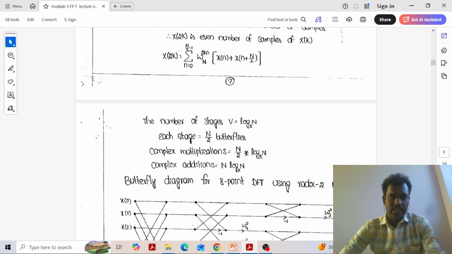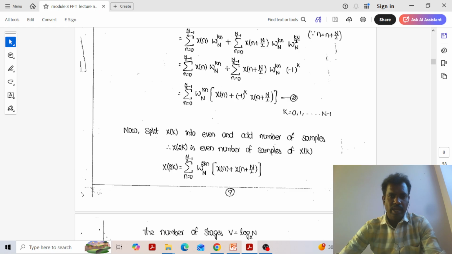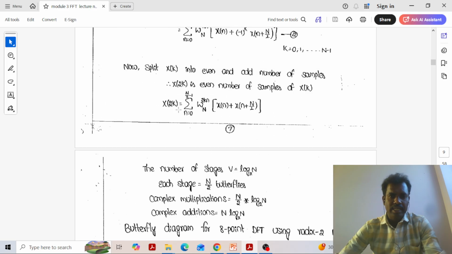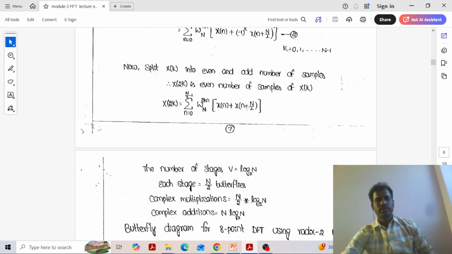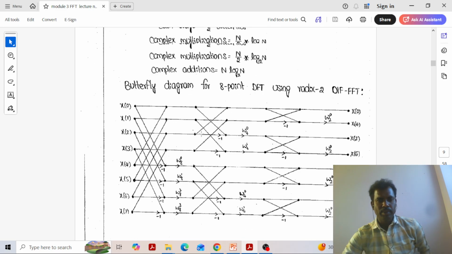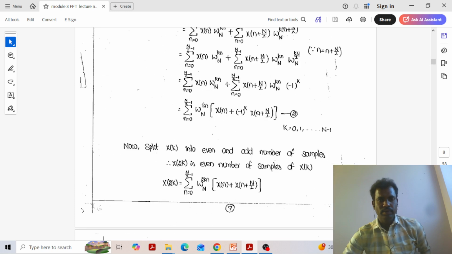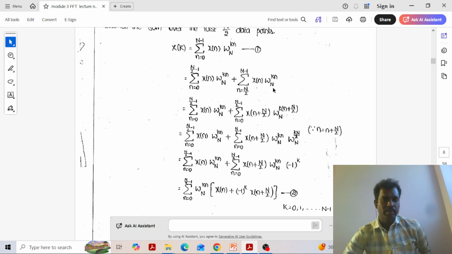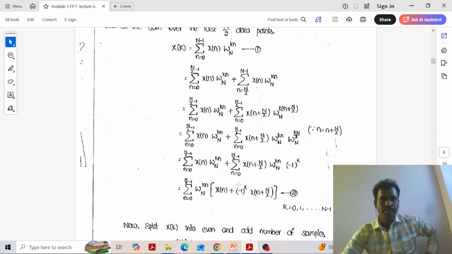So two stages we will consider, X of 2k and X of 2k plus 1. How will we calculate X of 2k? Simply by adding the first half of the inputs with the other half of the inputs, and the odd X of 2k plus 1 is obtained by subtraction. So this is a preliminary mathematical step to obtain this.